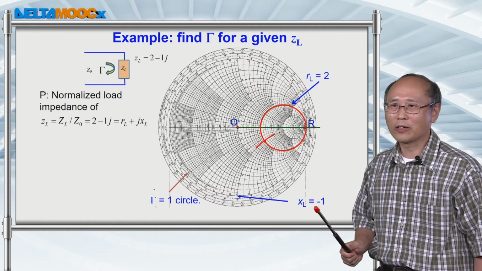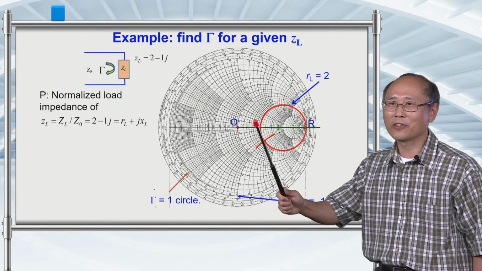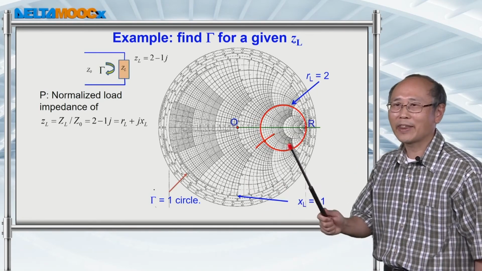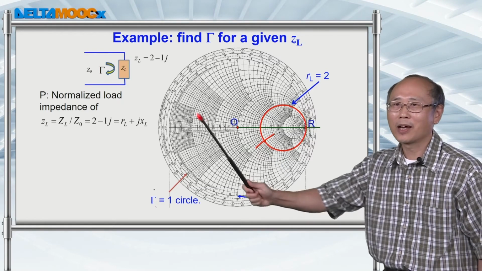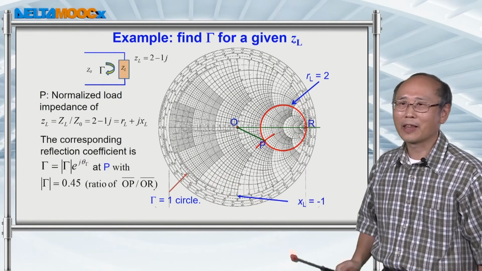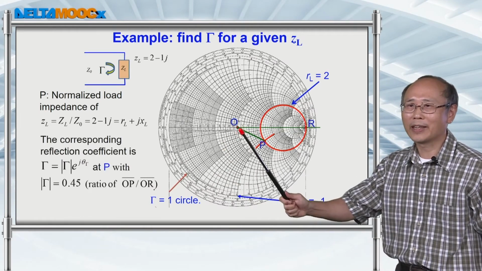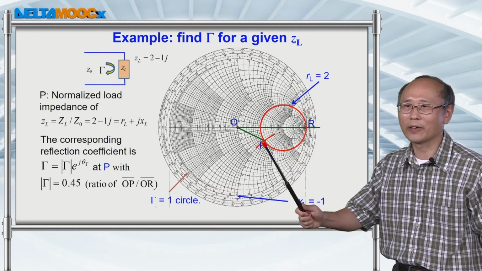And also, you notice that when XL is minus 1, the curve is going to be under the real axis. So at this point, it will tell you the value of gamma due to the load impedance. And so you connect a line from the origin to this point.